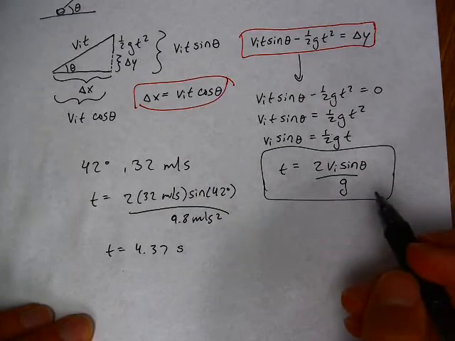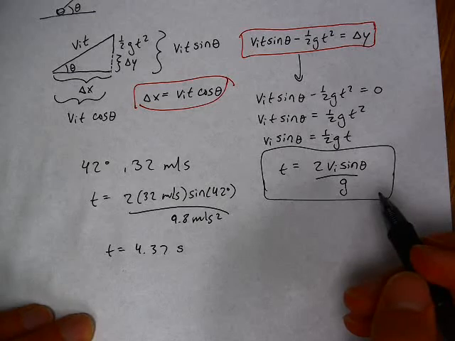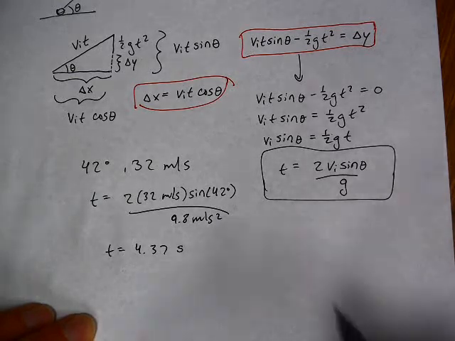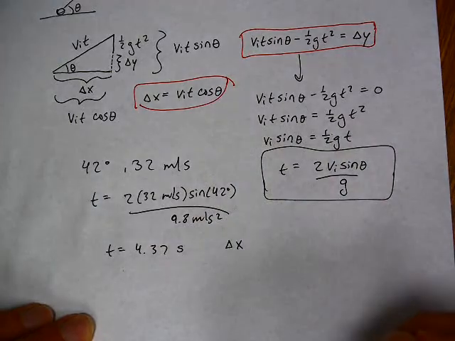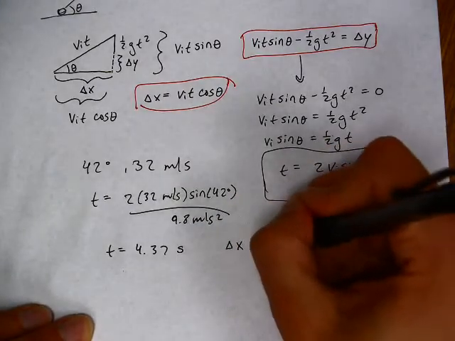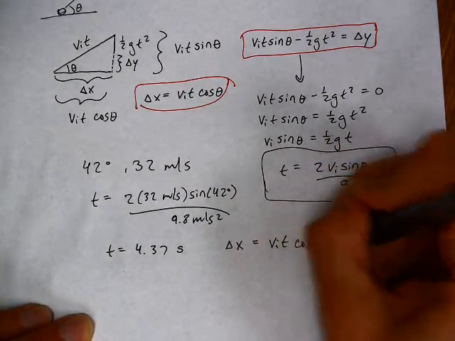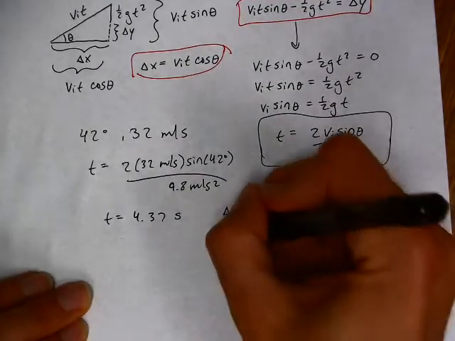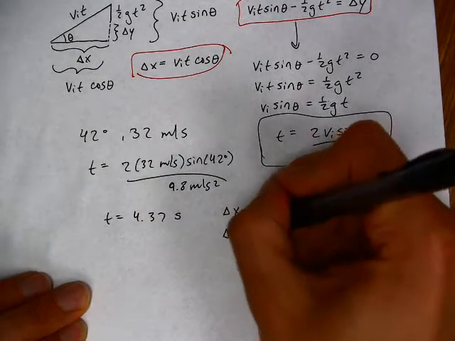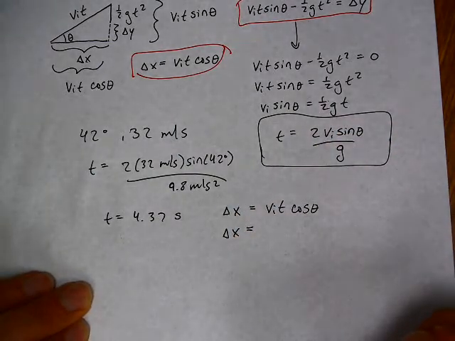So how far to the right does it move in 4.37 seconds? Well, its motion to the right is constant, it's steady. Delta x, as we've seen before, is equal to VIT cosine theta. And now we have a t to plug in. We always get the t from the y equation.